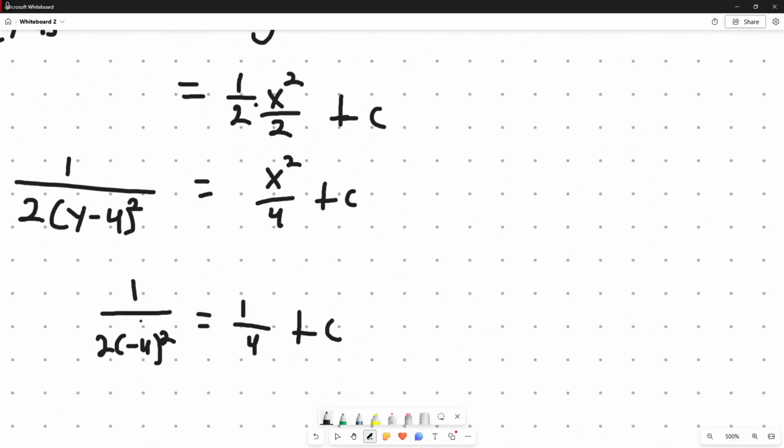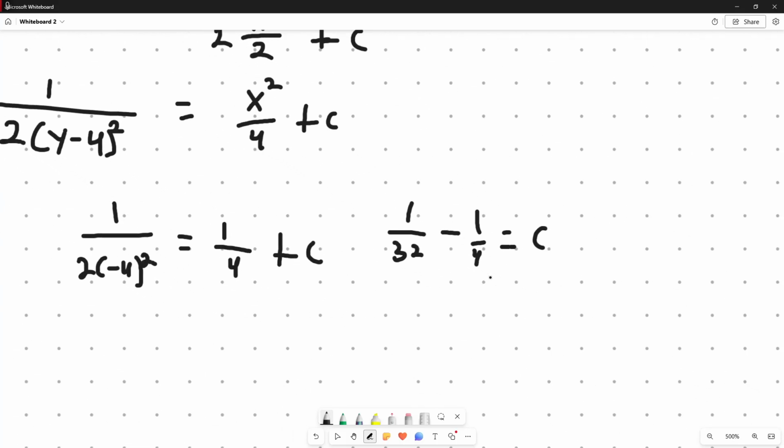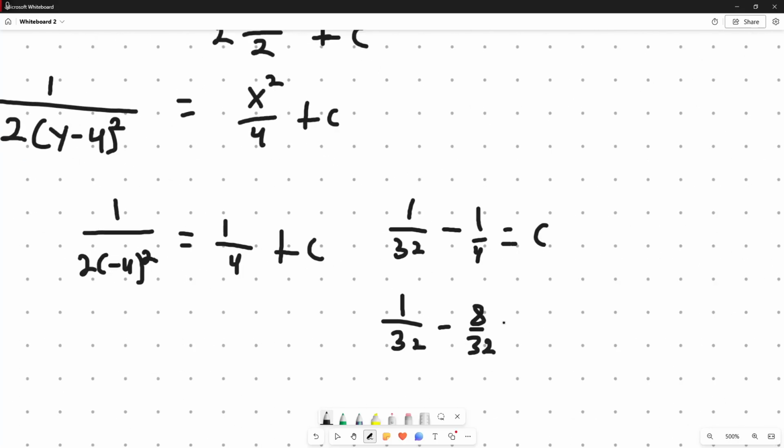And then this is just 1 over 32. And then I'm going to subtract the 1/4: 1 over 32 minus 1/4 equals c. And then I'm just going to do the math. So like 1 over 32 minus 8 over 32, right? Equals negative 7 over 32.